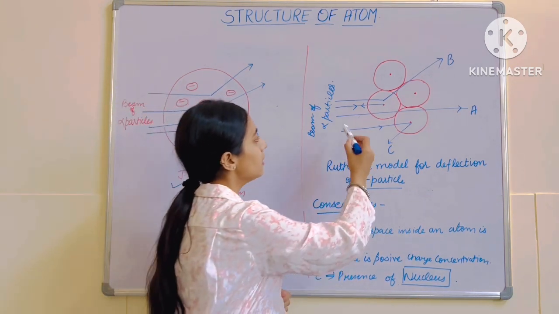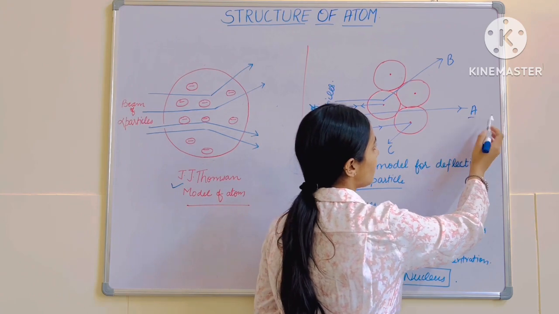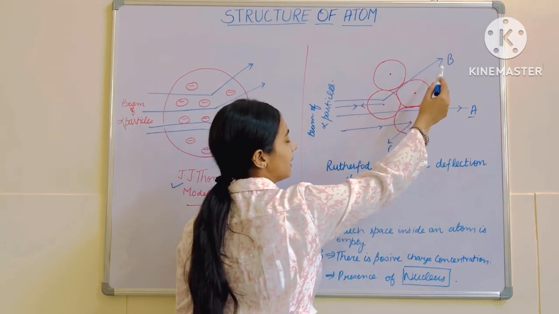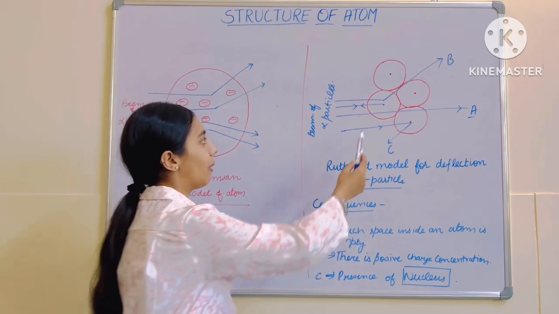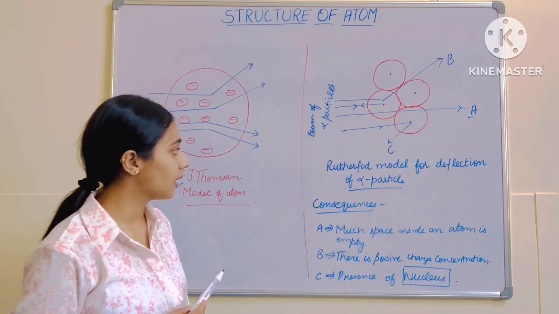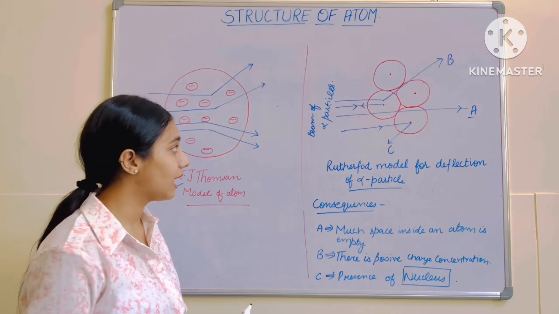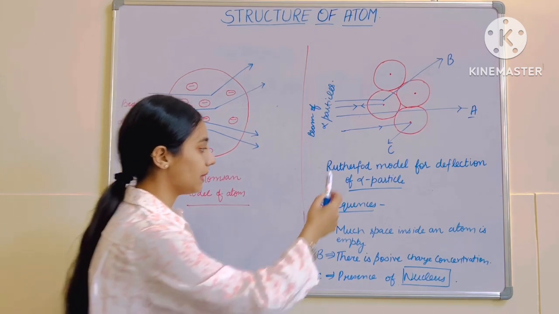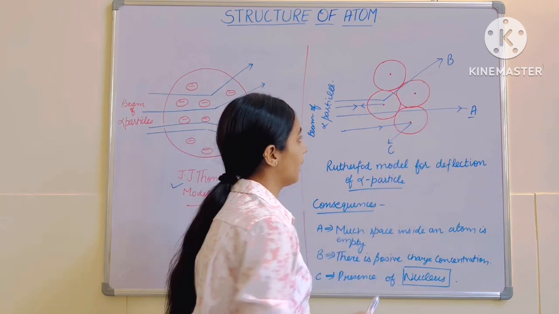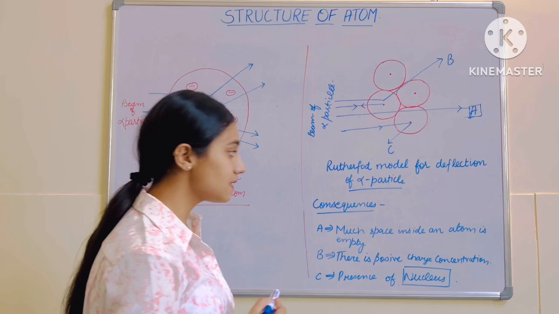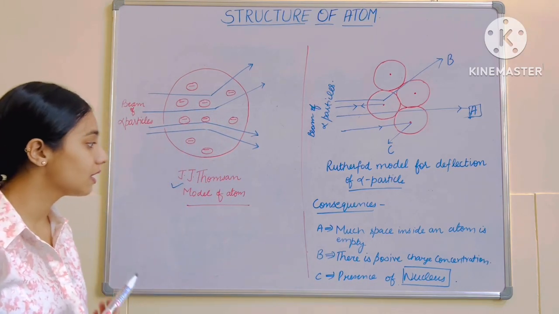Some of the particles go straight, which I have marked A here. Some of the particles got deflected by small angles, and some of the particles retrace their path. After this experiment, he came to know that much space inside the atom is vacant. By A, it was implied that much space inside an atom is vacant.